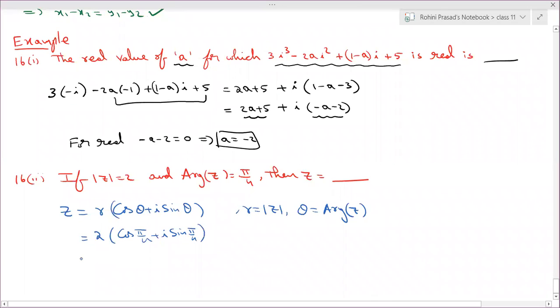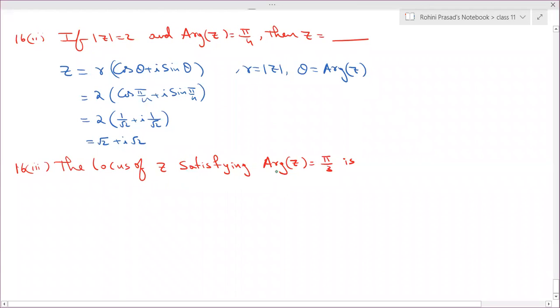And if you simplify this, 2 times of cos pi by 4 is 1 by root 2 plus i times 1 by root 2. You just open the bracket, 1 by root 2 you take common. It will be root 2 plus i root 2. And this is the answer, or root 2 you can take common and root 2 into 1 plus i you can write. Both are fine.